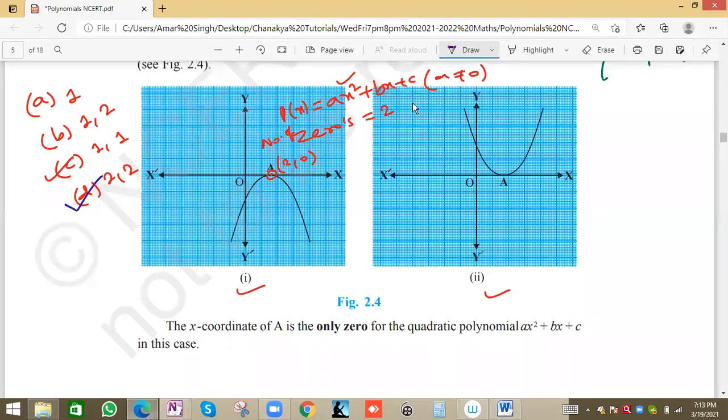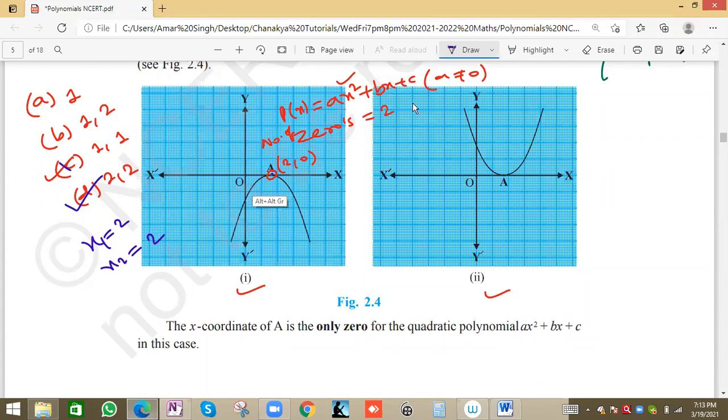See, the count is 2, and the values will be 2 comma 2, because this x value we have to find. So x will be, first one x1 equals 2, and second one also 2. So the value of zeros will be 2 comma 2. Number of zeros will also be 2 and values will also be 2 comma 2, but they are equal. Equal means that's why this graph will meet the x-axis at only one position.